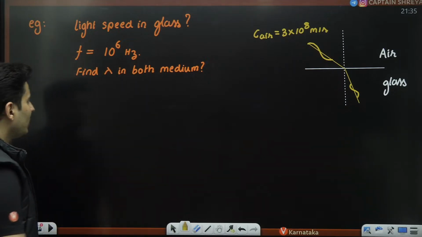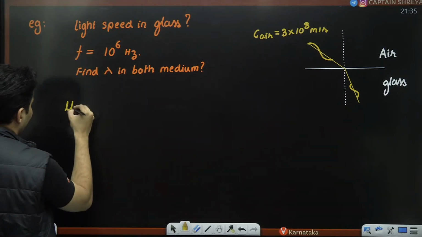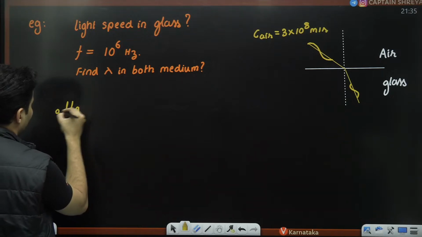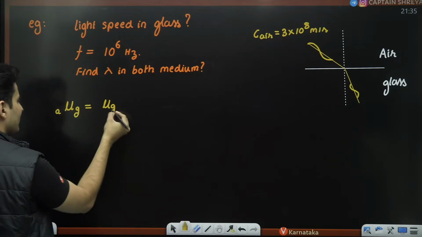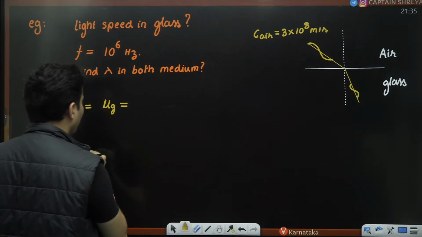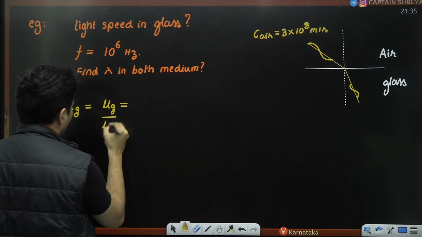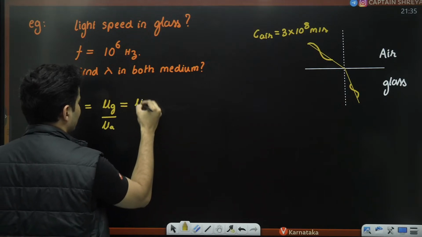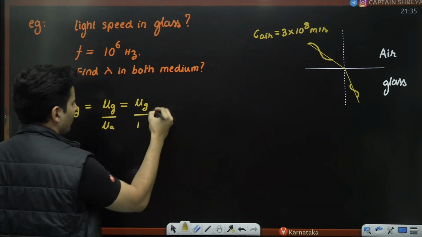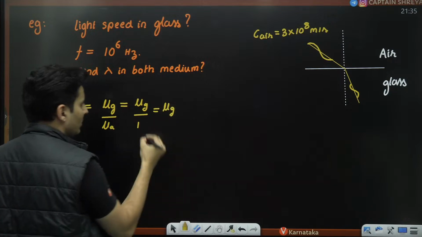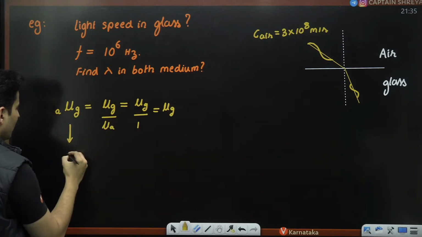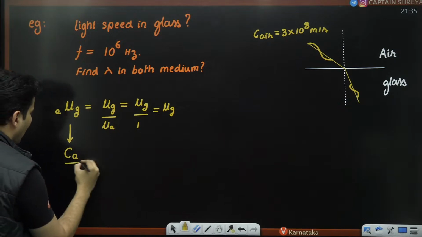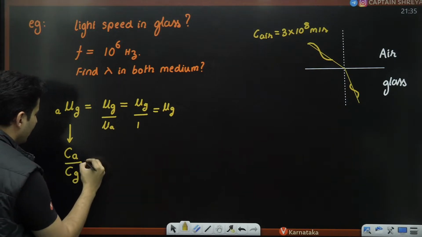So the wavelength definitely will become smaller because the speed has become less. So how do we do this question? The refractive index of glass with respect to air is the refractive index of glass only, because air is just like vacuum. Okay. So therefore, understand this. This is as good as mu g by 1, which is as good as mu g only. And this we already know is speed of light in air upon speed of light in glass.